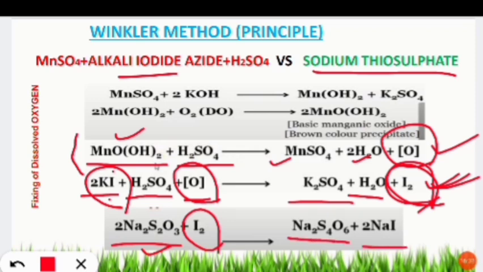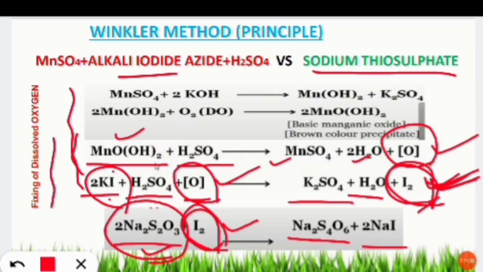So if we know how much sodium thiosulfate is used to cancel out this iodine, that much oxygen is present, because iodine, as we have said, is equivalent to the amount of oxygen present in the water which we are going to analyze. So the amount of thiosulfate used is equal to the amount of iodine reacted, and the amount of iodine reacted is equivalent to the amount of oxygen present. All of this is known as fixing of dissolved oxygen.